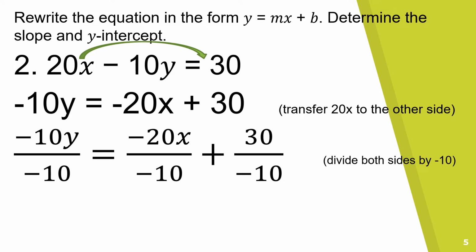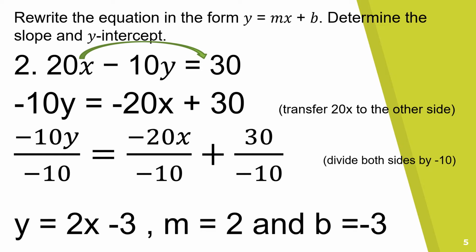So you have to divide negative 10 both sides. So negative 10y divided by negative 10, you have y equals negative 20 divided by negative 10, 2x. Negative divide negative, positive ha. 30 divide negative 10, minus 3. So that's it. Y equals 2x minus 3, and your slope is 2. Your y-intercept is negative 3.